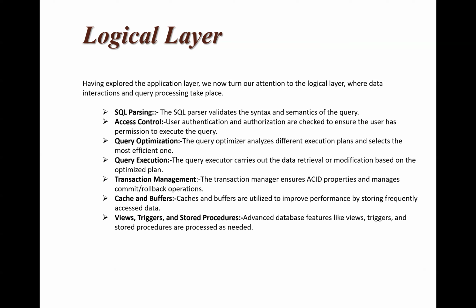Here, the SQL statement will first be parsed, where it checks syntax and semantic errors, and then it will check access control, whether you have access or not. Then it will do the optimization, based on what kind of SQL statement you are executing. It will check the plans and execute.